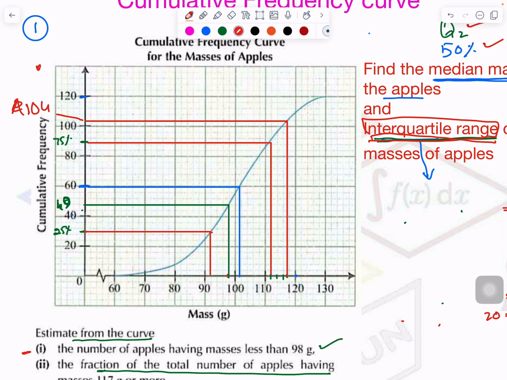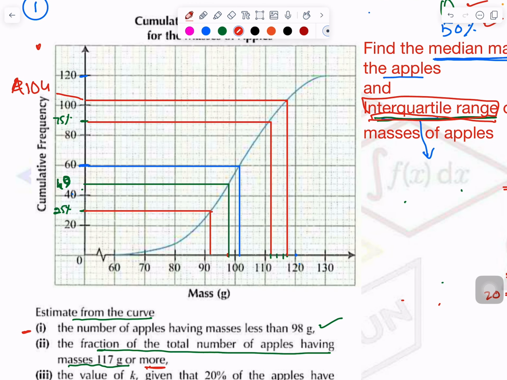So he's talking about more. So I cannot read this. This is telling me less. So 104 apples have mass less than 117 gram. The question is saying more. So I need to find out these apples. So 120 minus 104.